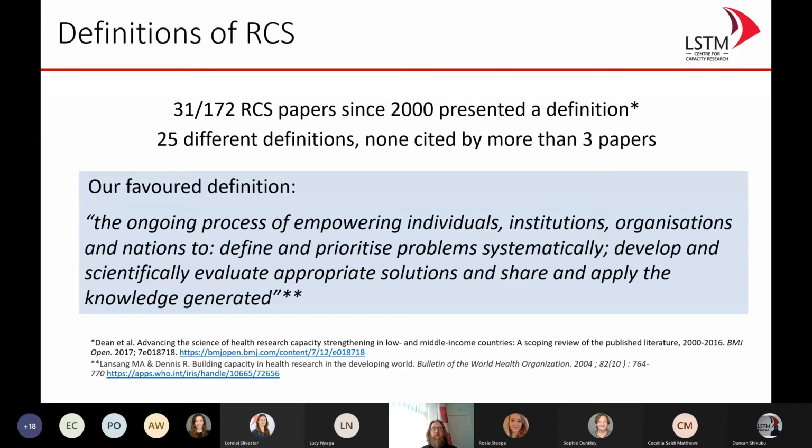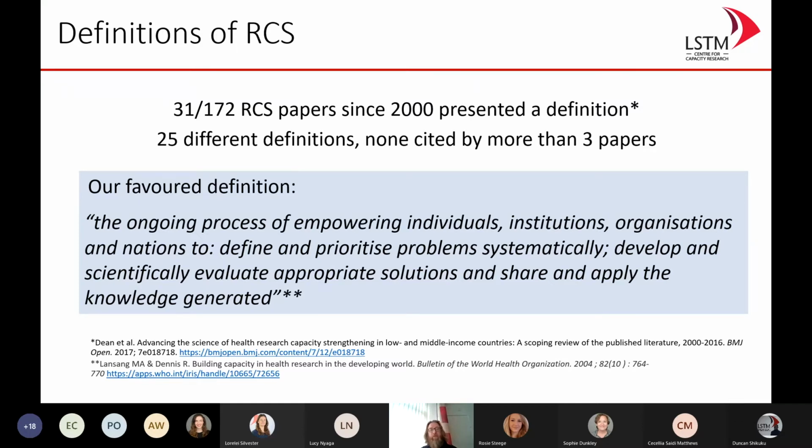So the reason we like this is it certainly covers what we describe as the 3 levels of individuals, researchers, research professionals, research institutions and organisations, and national research capacity or national research systems more broadly.